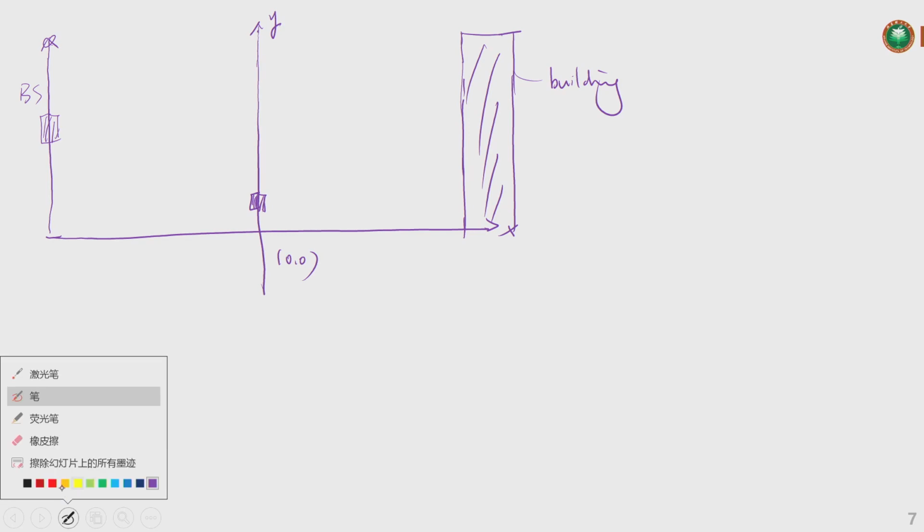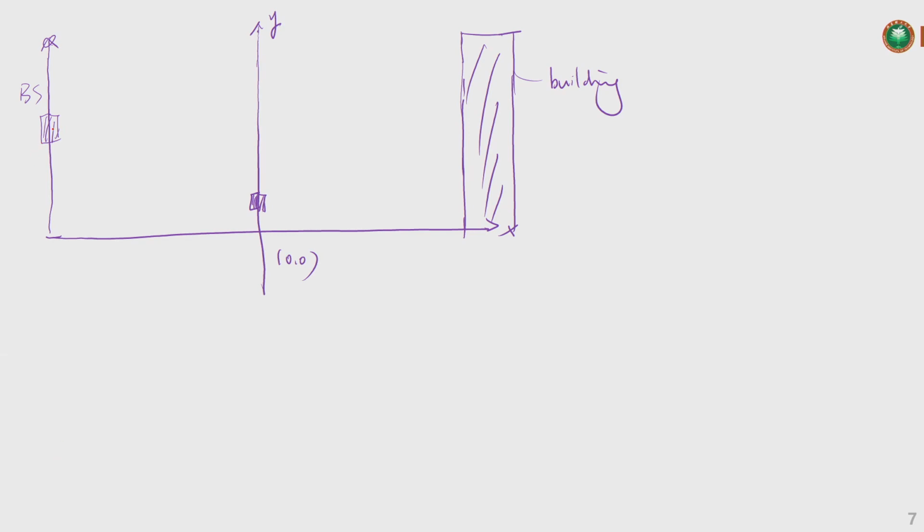So the first ray is a straight line, the line of sight. And the second is the reflection by the building. All right, so we have two rays. The first is the line of sight, another is the non-line of sight.